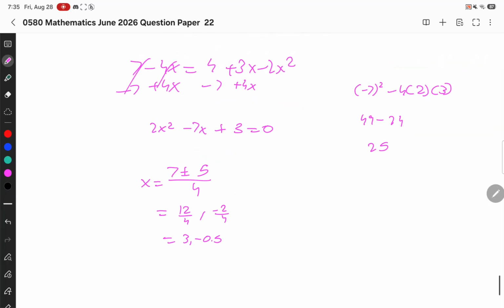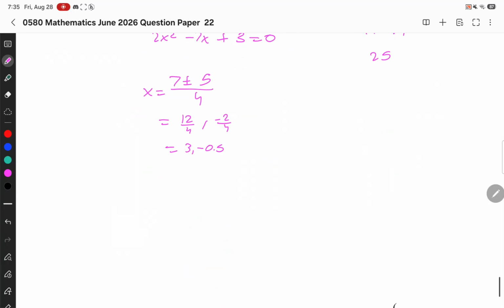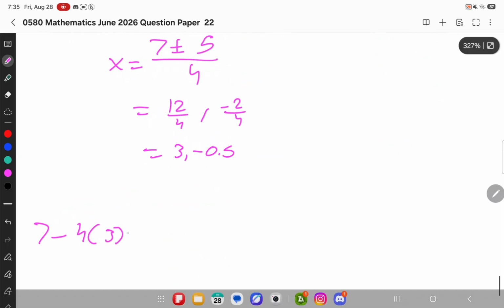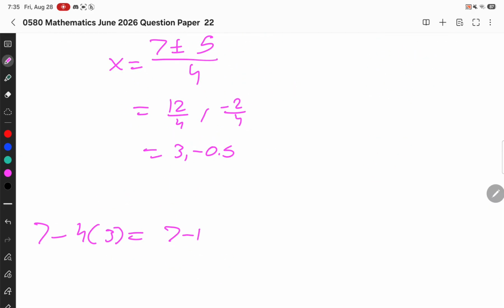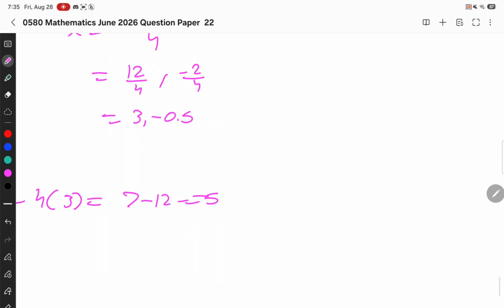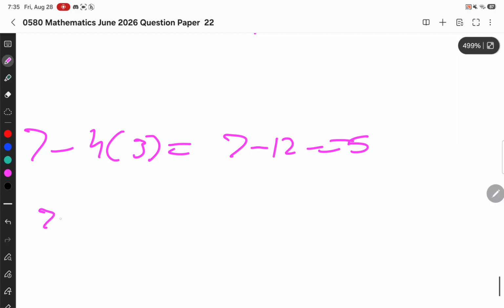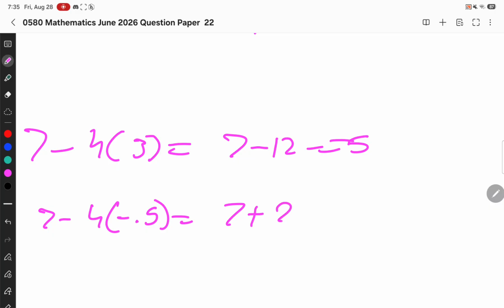Next we need to plug this into y. So this is 7 minus 4 times 3, which is 7 minus 12, equal to negative 5. So this is at 3, negative 5. 7 minus 4 times negative 0.5 is equal to 7 plus 2, which is 9.